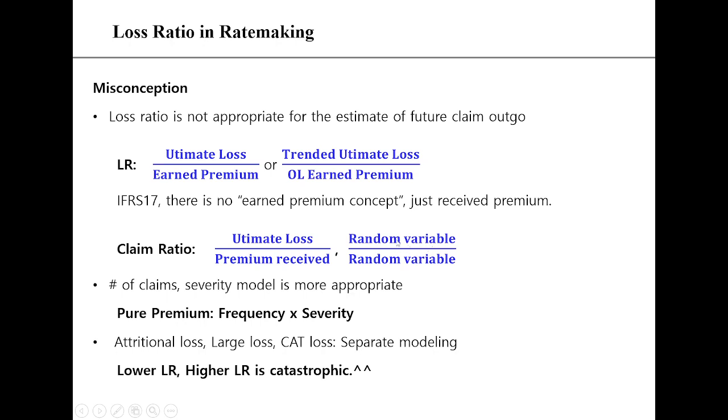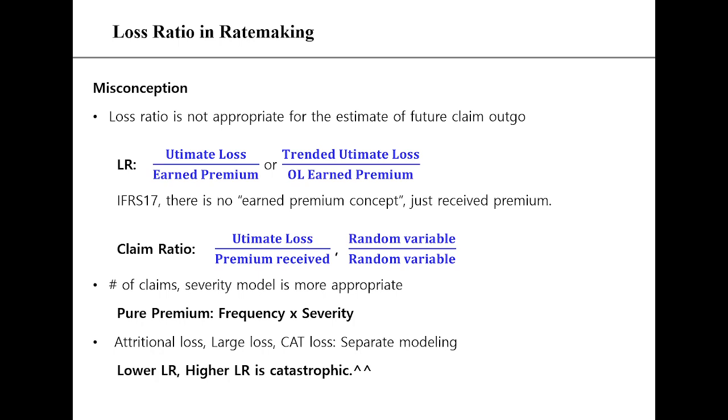In my own experience with internal modeling work in Solvency 2, a frequency and severity model is normally preferred: the number of claims, and on the loss distribution side, pure premium or loss cost. This is more appropriate.